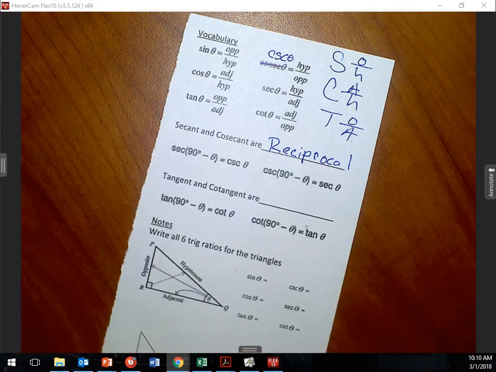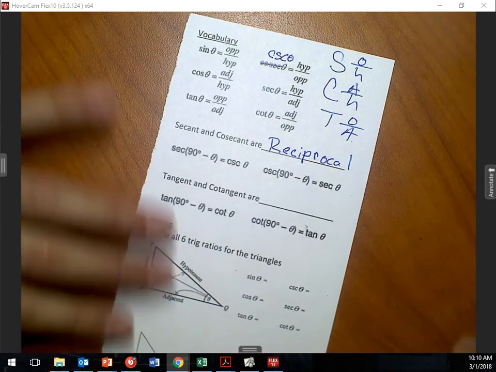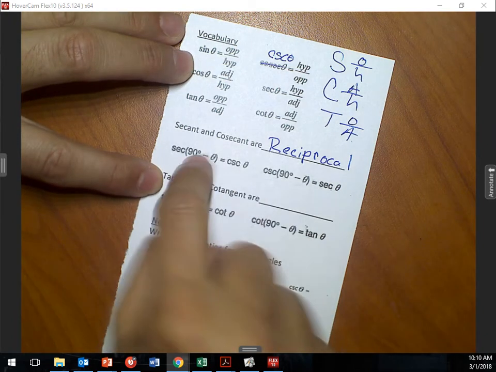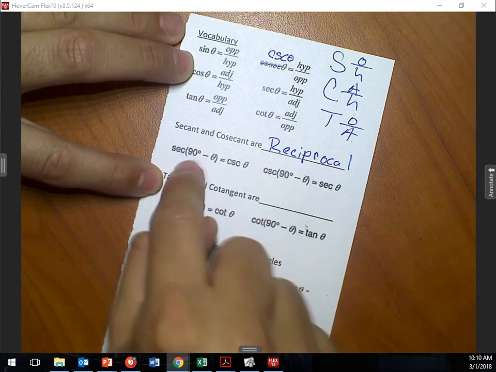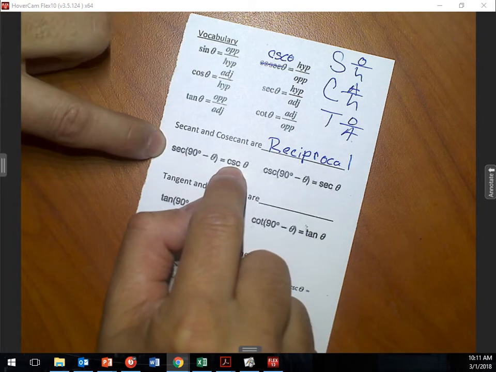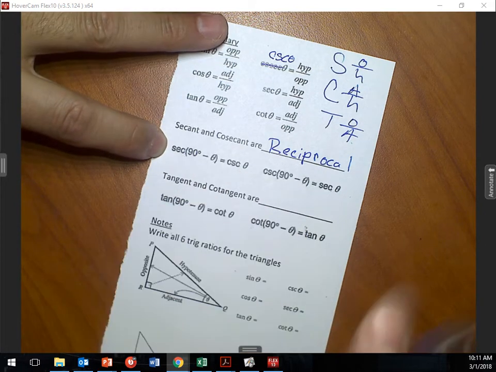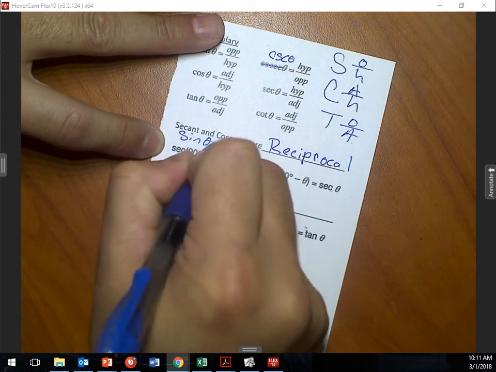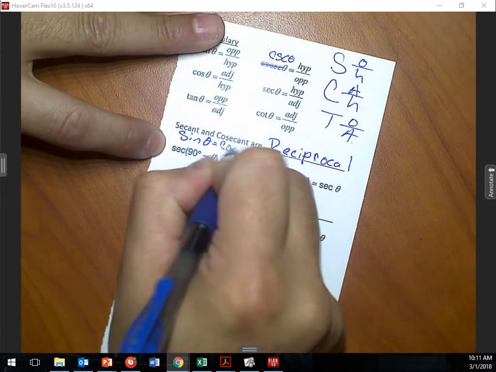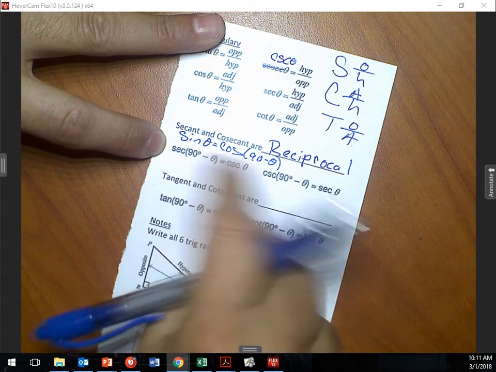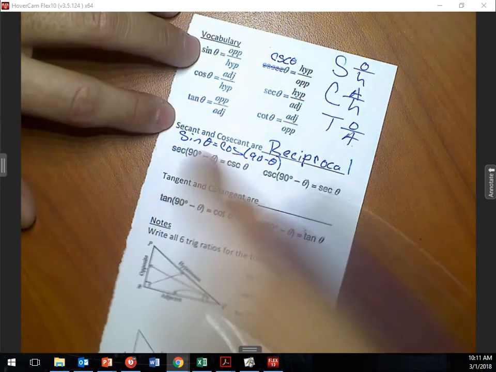They're reciprocal. Now, if you take a look at what we have right here, these are cofunctions. Secant goes with cosecant. Remember when we did it the first time, we knew that sine theta was equal to cosine of 90 minus theta.